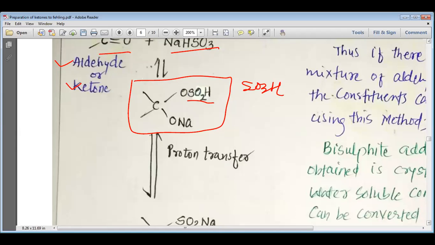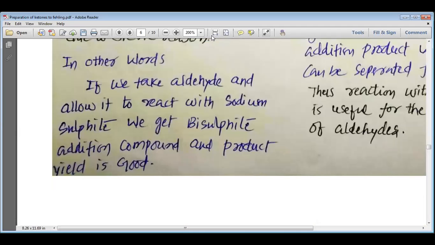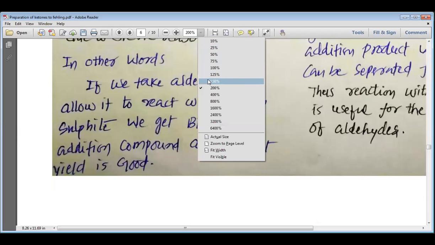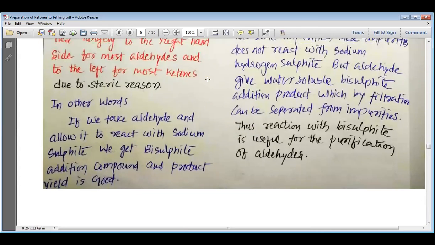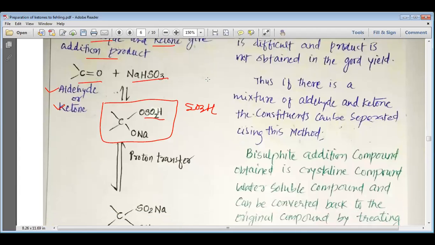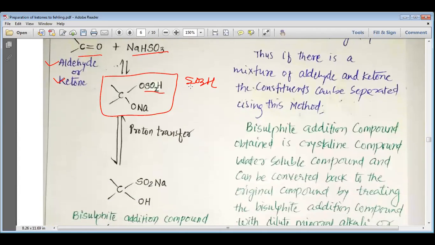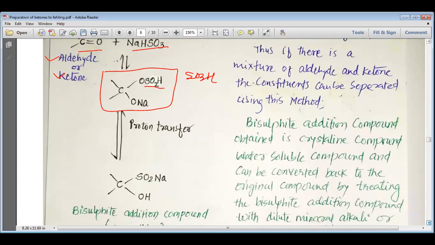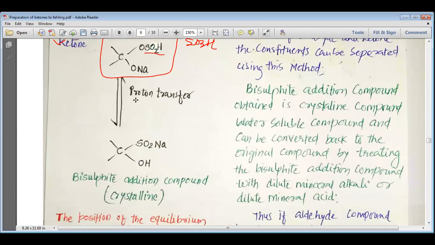Now again the proton transfer takes place. Let us see how the proton transfer takes place, my dear students. As the proton transfer takes place, you can see here the hydrogen comes to oxygen and sodium goes to the SO3. Ultimately, we get the bisulfite addition product due to the proton transfer.